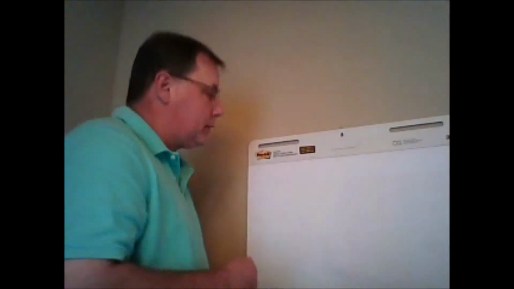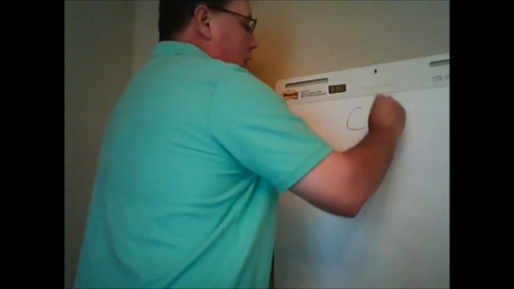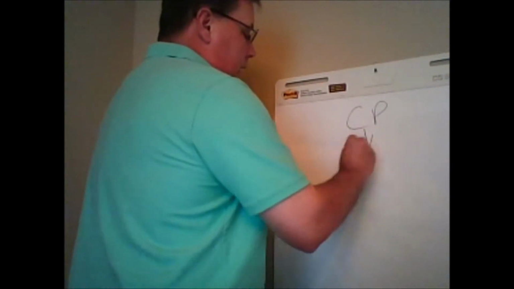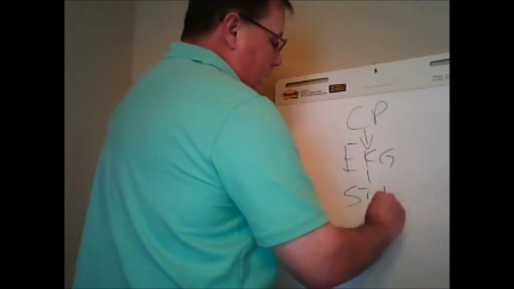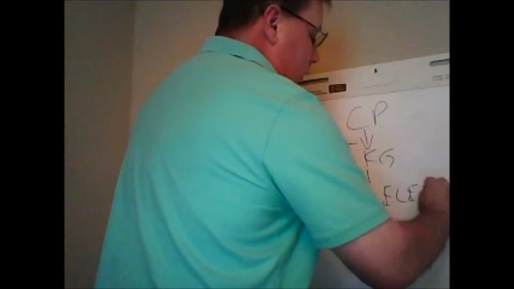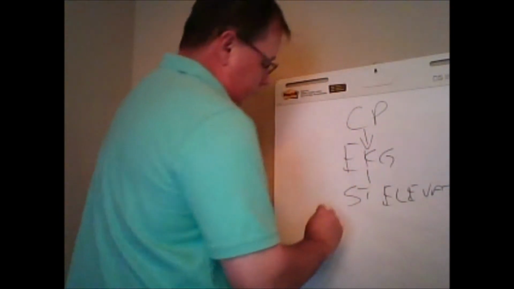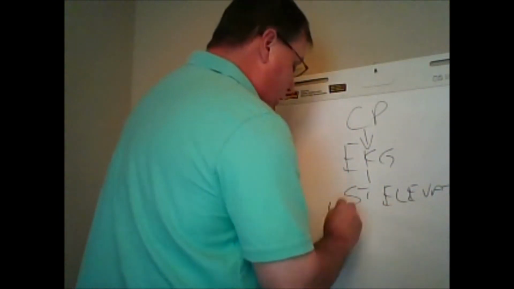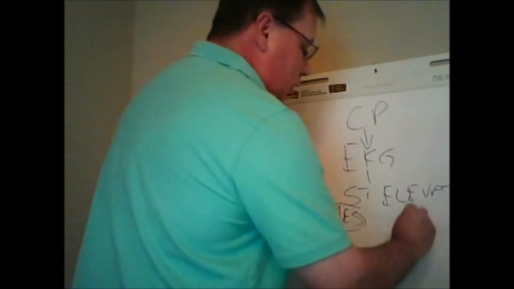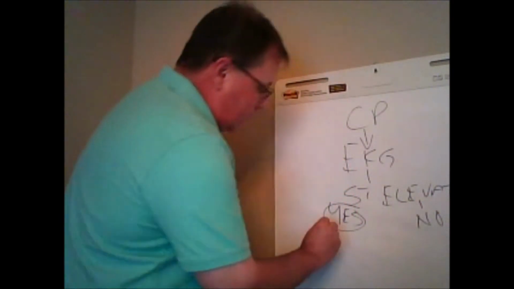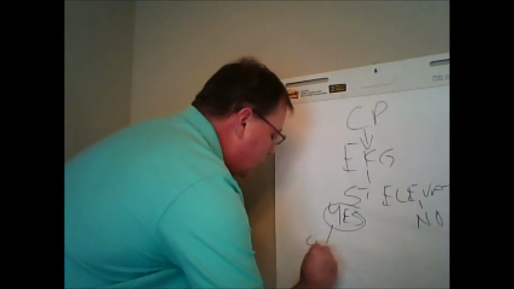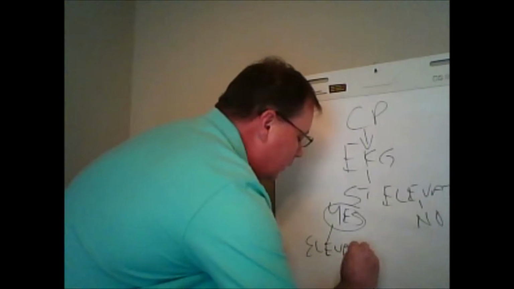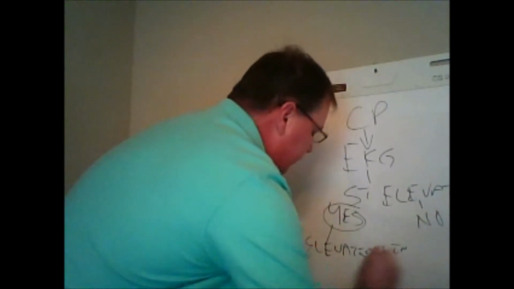So you have that patient that presents with chest pain. And so you do an EKG. Does the EKG have ST elevation? That's going to be a yes or no. If it's yes, is there elevation in the inferior leads?